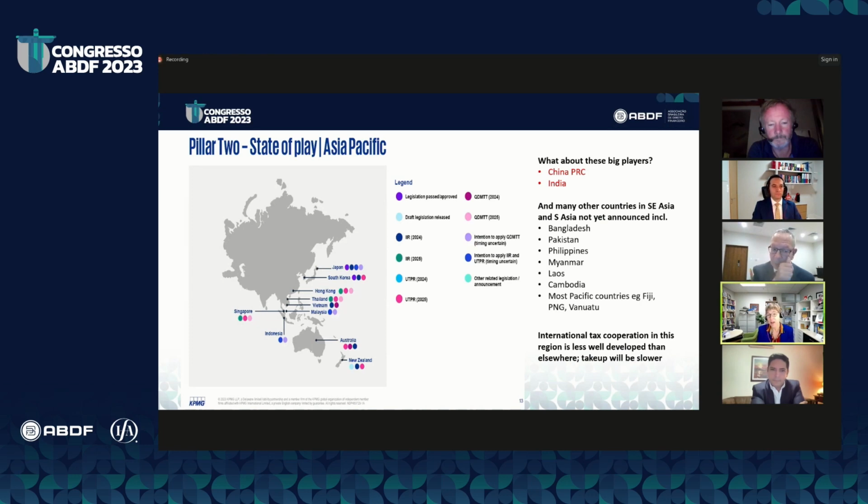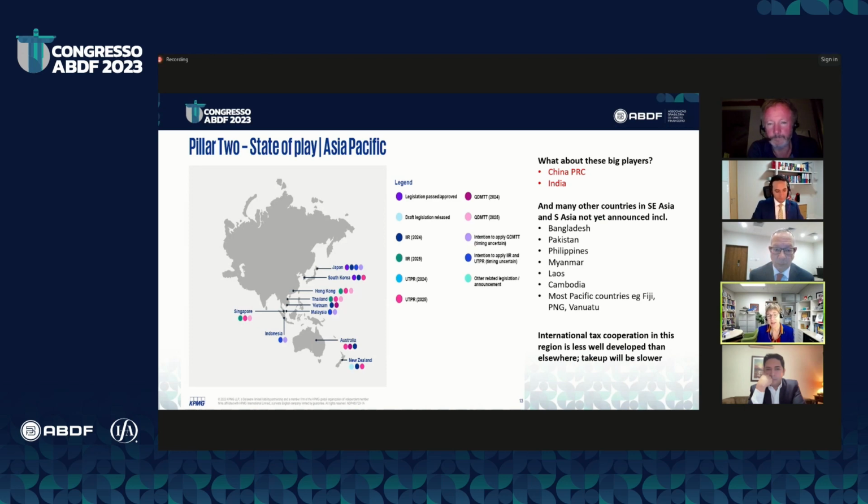India, of course, is rather different. India has been engaged in the inclusive framework, but also a leader in other ways, moving ahead with unilateral measures: a digital services levy, a definition of significant economic presence, an extension of permanent establishment, and an extension of anti-abuse rules domestically.